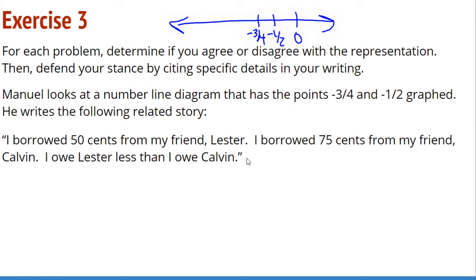Okay. I borrowed 50 cents from my friend Lester. I borrowed 75 cents from my friend Calvin. I owe Lester less than I owe Calvin. So here's Lester, and here's Calvin.